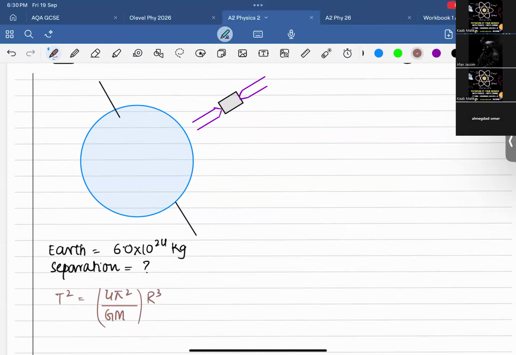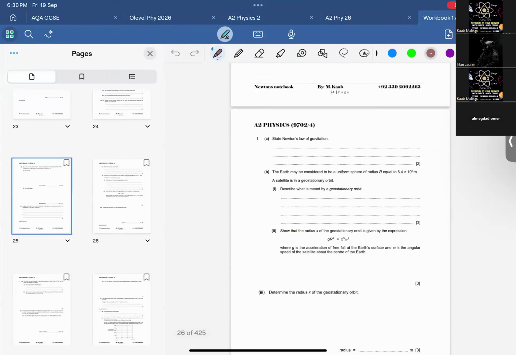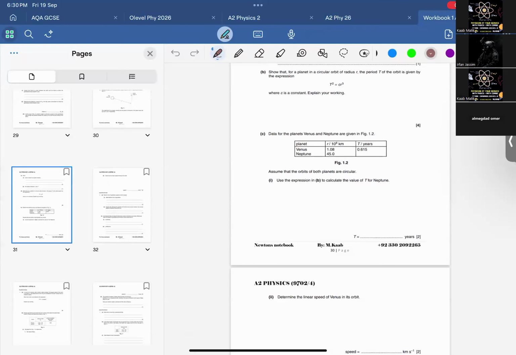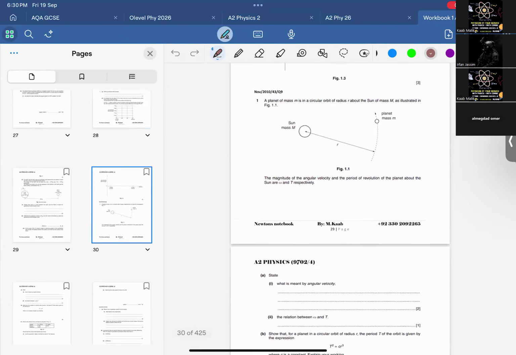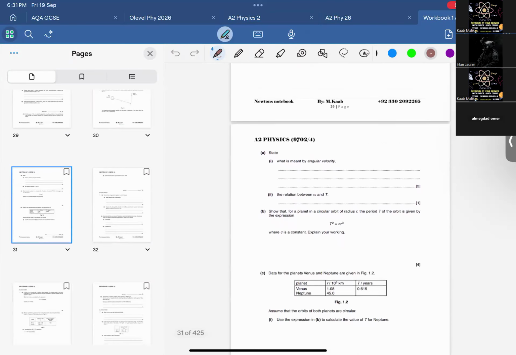Okay, let me just find one more thing, one more type of question for you guys. Do you guys know the values? I'm just scrolling down for. Okay, sure then.